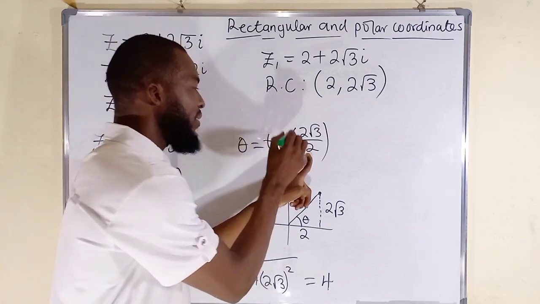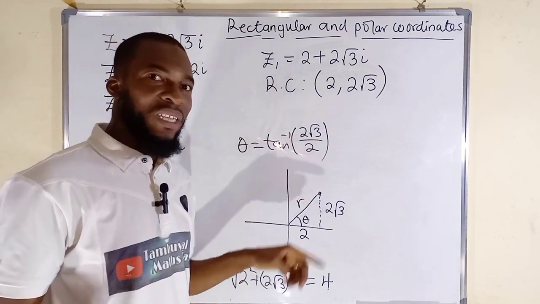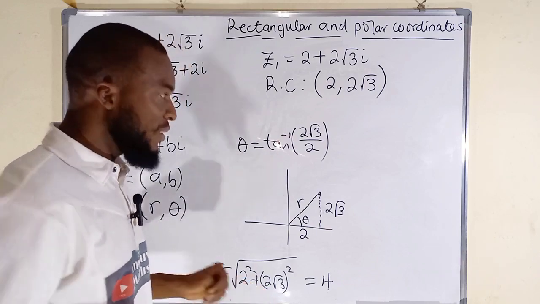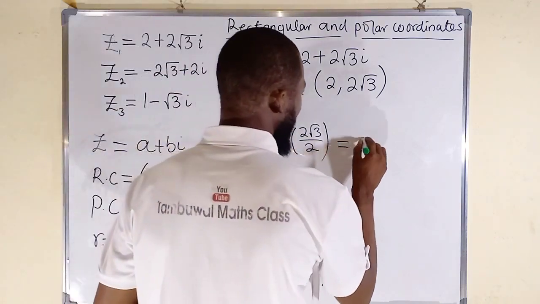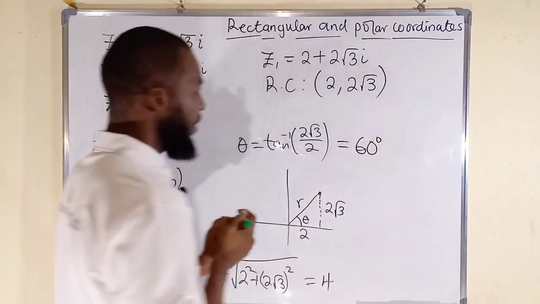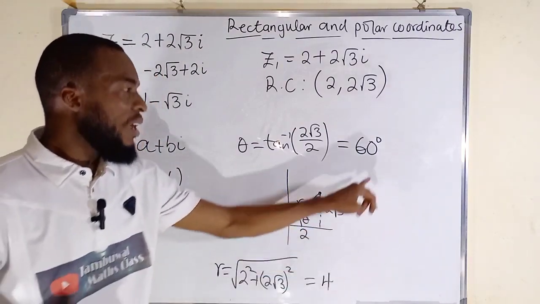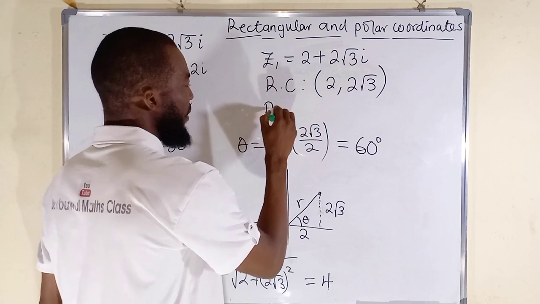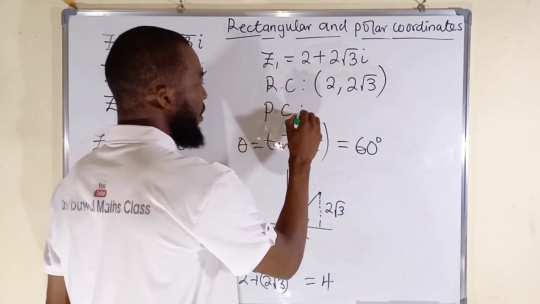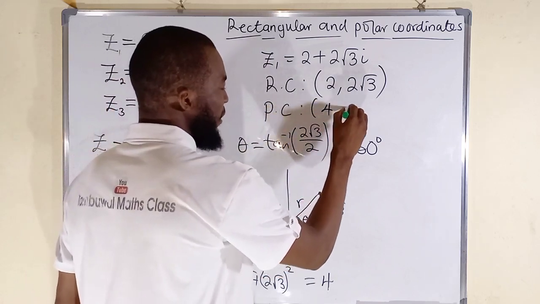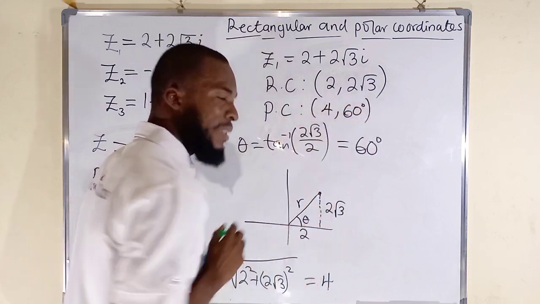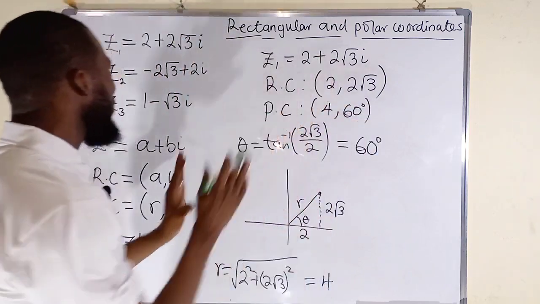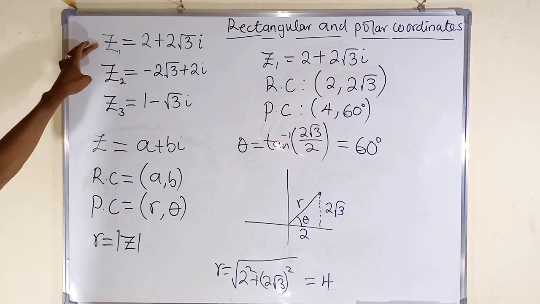So we have tan inverse of root 3, which is 60 degrees, or pi over 3, but I want it to be in degrees. So this is 60 degrees. So we have gotten our r and our theta. We can directly write the polar coordinate PC as (4, 60 degrees). Now this is all about question number 1, that is z1.